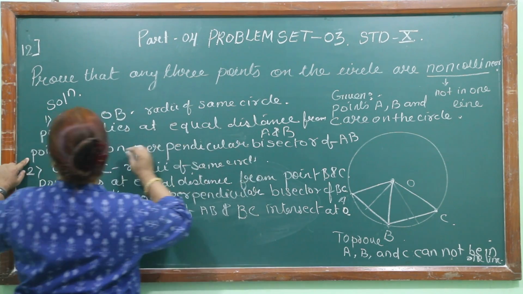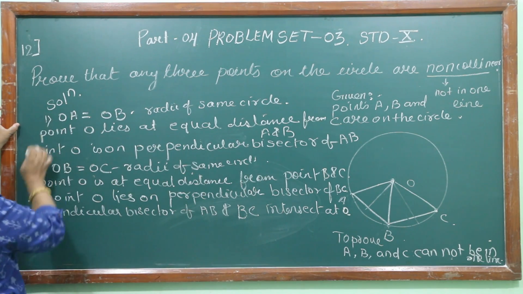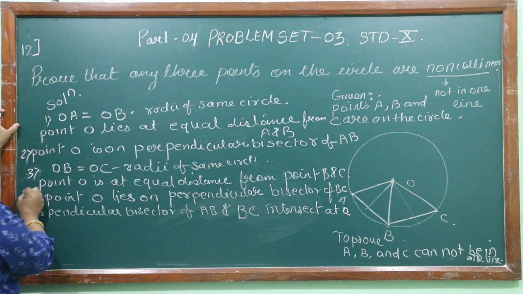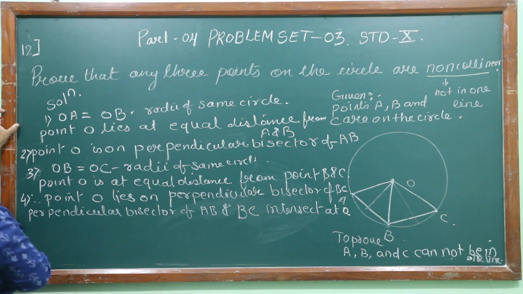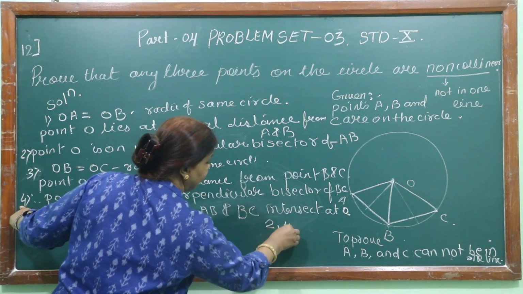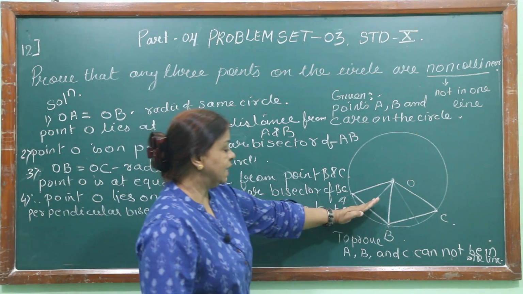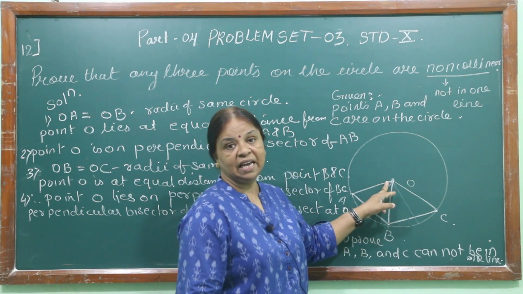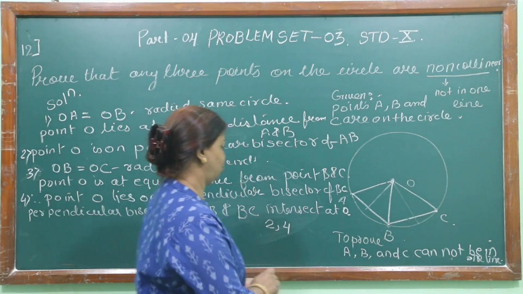From this point, let me number it, children: 1, 2, 3 and 4. So from points 2 and 4, we come to know that the perpendicular bisector of AB and perpendicular bisector of BC intersect at point O.